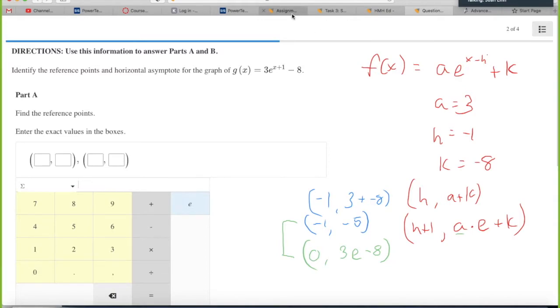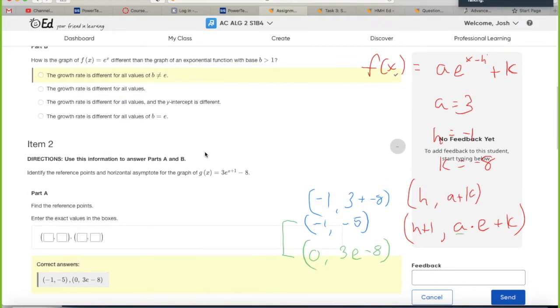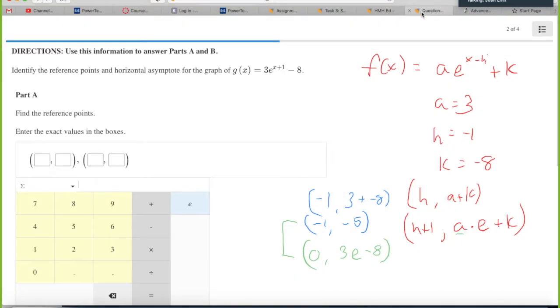So just to double check, here's our correct answers. -1, -5, which is what we got, and then 0, 3e minus 8, which is also what we got. So that's good. We're on the right track.